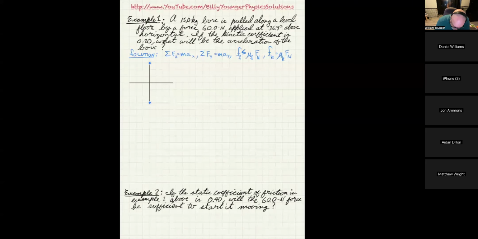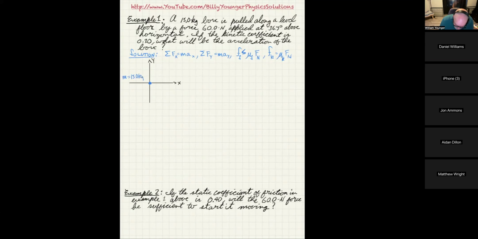So I put this y-axis pointing up, which is what that y indicates up there, and this x-axis pointing right, which is what the x being there points out. So this means my directions are x is positive to the right, negative to the left, y is positive up, and negative down.